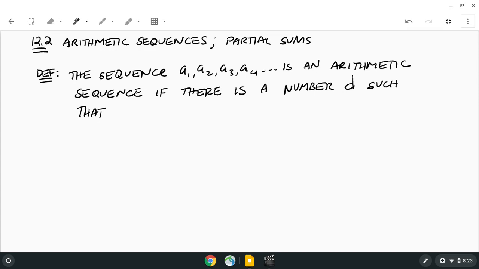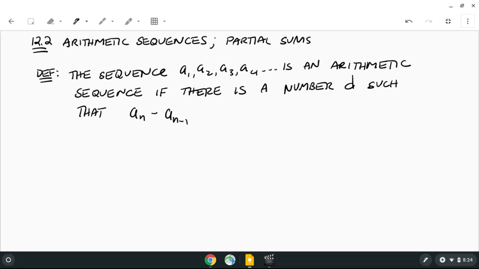If you take any term in the sequence and you subtract the one before it, so if that's the nth term, the one before it is n minus 1, that order matters. You always have to subtract the one before it, not the one after it. You'll get d, no matter which two you pick.